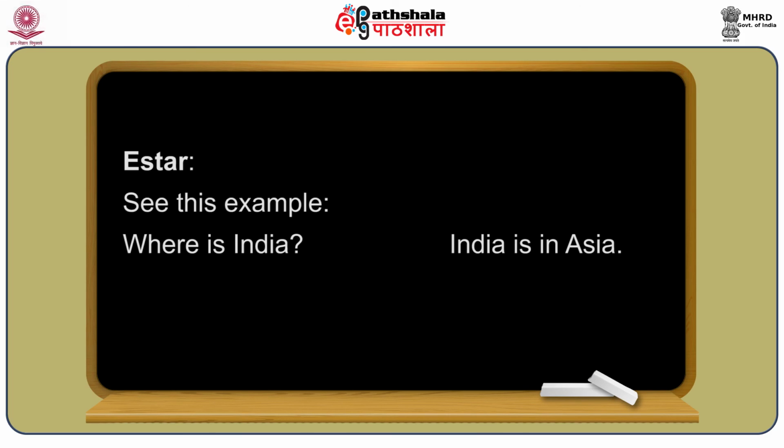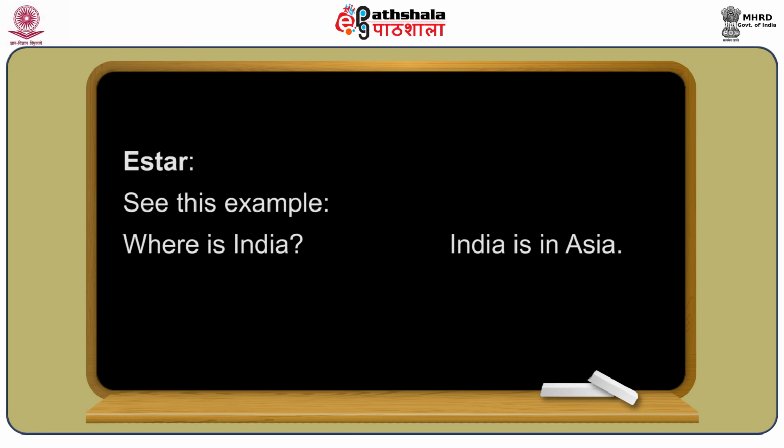These are some examples with the verb haber, and the form was hay, meaning there is and there are. And estar is a verb which we have already studied, and also revised. And you know that the verb estar is used for stating temporary qualities as well as for the location of an object. For example, if we say where is India, and the answer is India is in Asia.